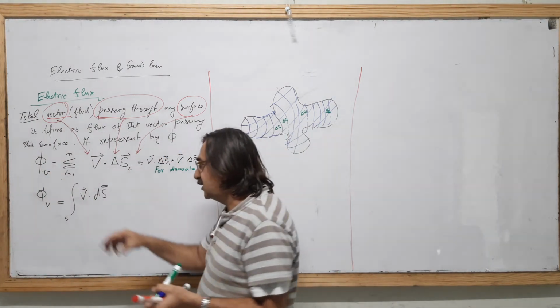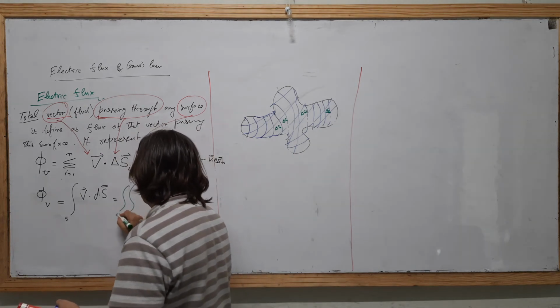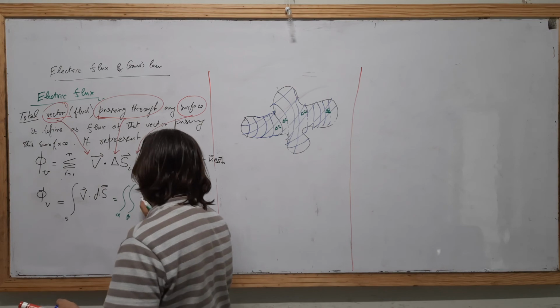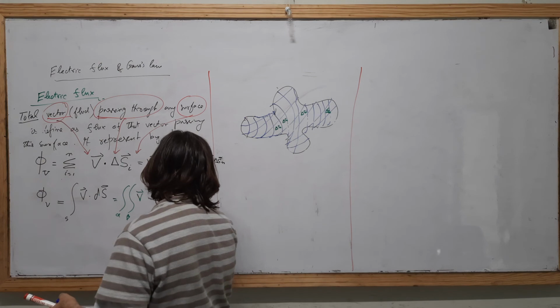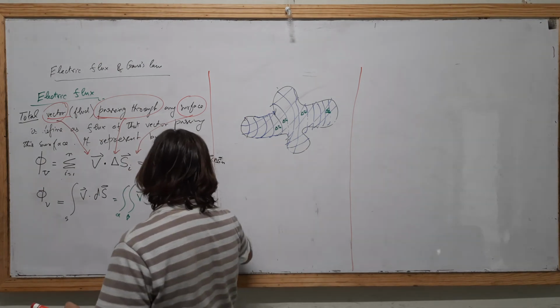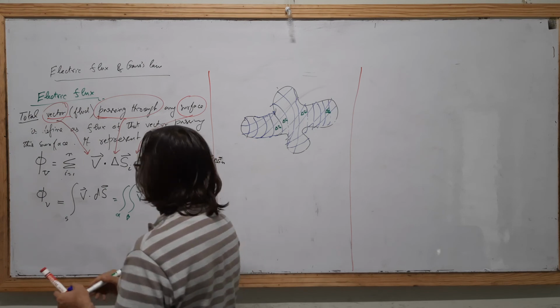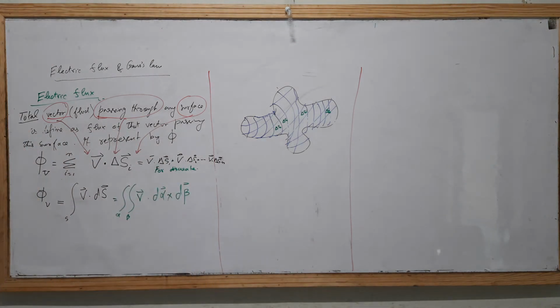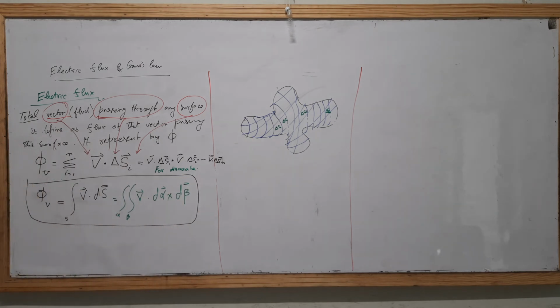This is a surface integral, which means a double integral. If these are alpha and beta, the two sides, then dS will be a cross product, d alpha cross d beta. This is for the continuous case.